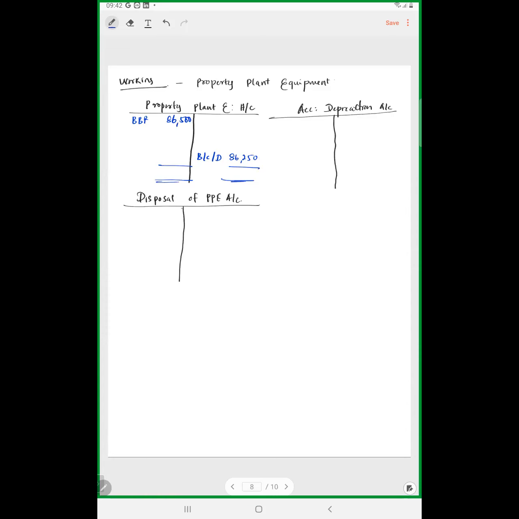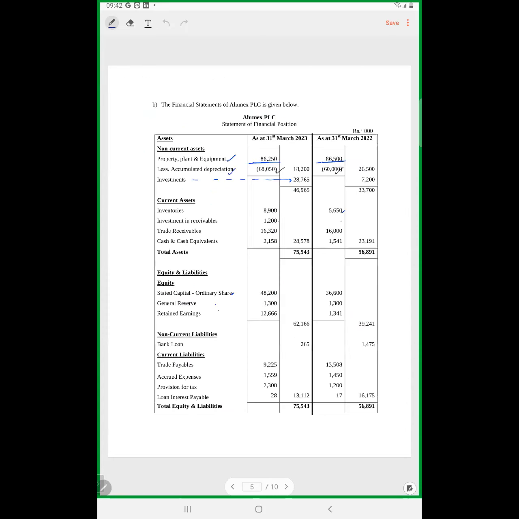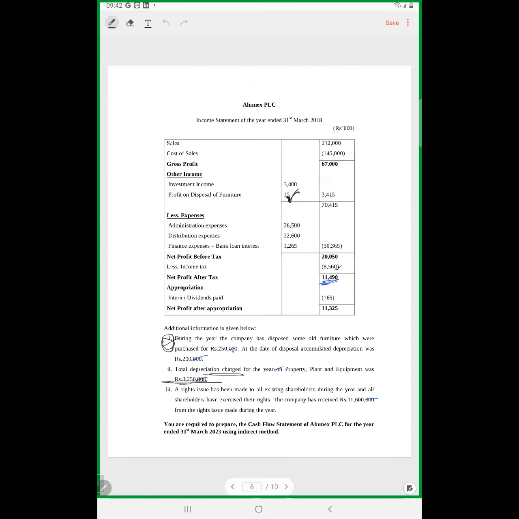So ending balance 86,250. When it comes to accumulated depreciation, you can see 60,000, 68,050.